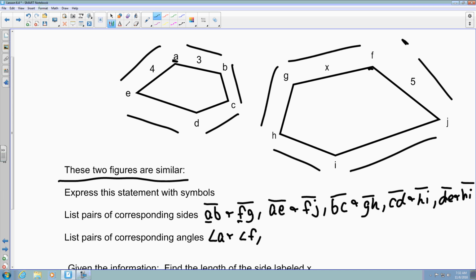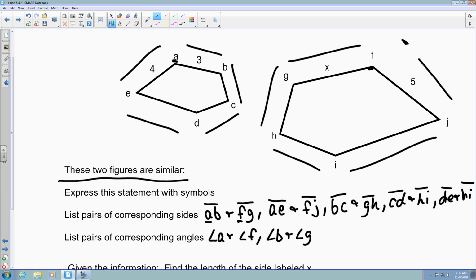So now let's look at angle B, and I would say that G is your corresponding angle.